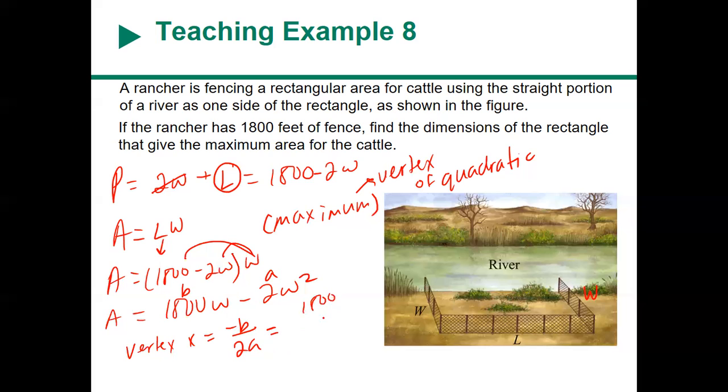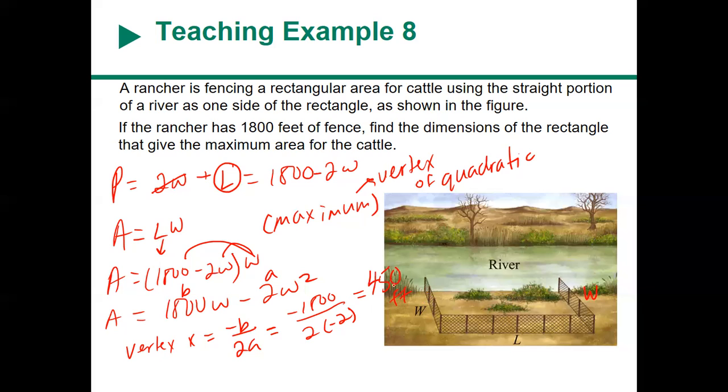And that gives us negative 1800 divided by 2 times negative 2, which equals what's 1800 divided by 4? 450. There we go. So 450 feet. So that's the highest.